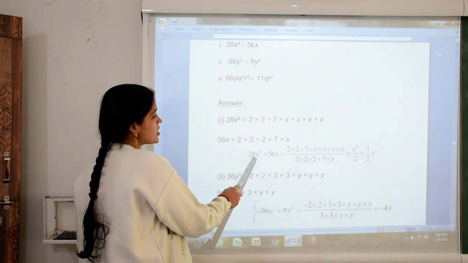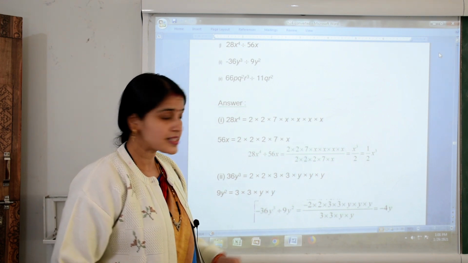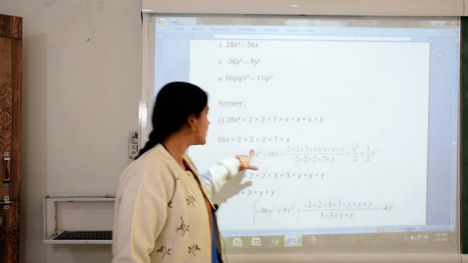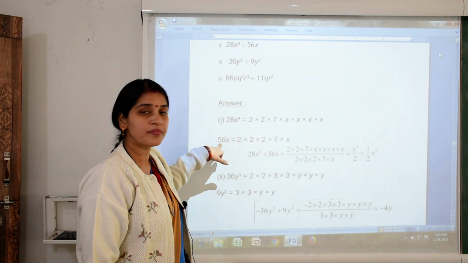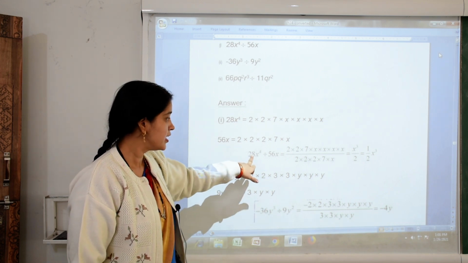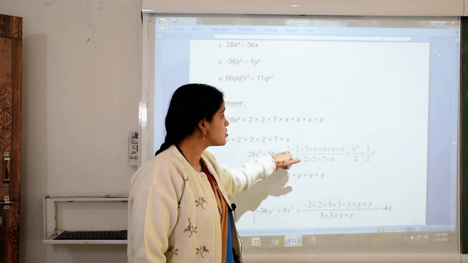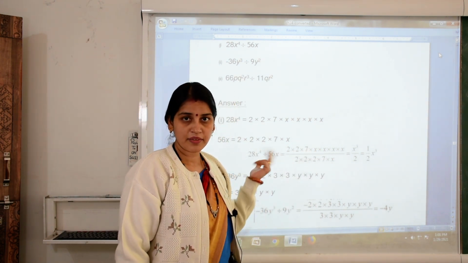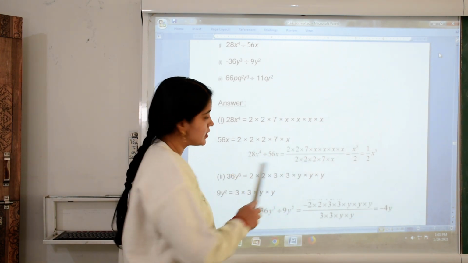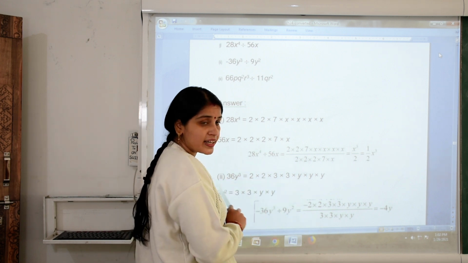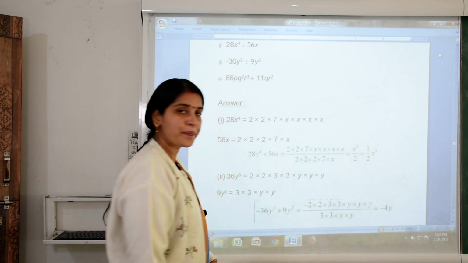Now our question is 28x to the power 4 divided by 56x. So upside we have to write the factors of 28x to the power 4, and downside we have to write the factors of 56x, because we have to divide this one by this. Now this 2 and this 2 get cut, this 2 and this 2 also get cut, this 7 and 7 also cut, and this x and x also cut.